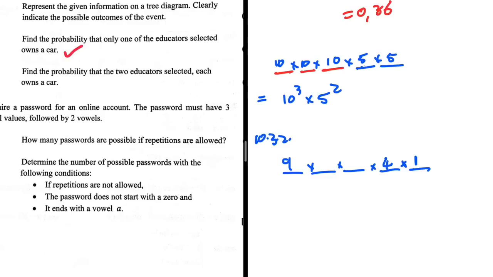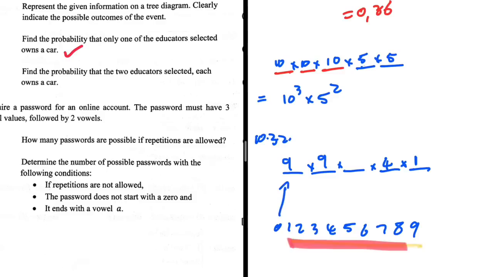Okay, so we have placed a digit on the first spot, which is 9. How many digits are we therefore left with? Well, we are left with 9 digits here because we have 0, 1, 2, 3, 4, 5, 6, 7, 8, 9. This is 10, right? We cannot place 0 on the first spot. So we are only interested in these 9 digits, right? And then after we place one of those 9 digits on the first spot, let's say we place 7, we are still left with 9.